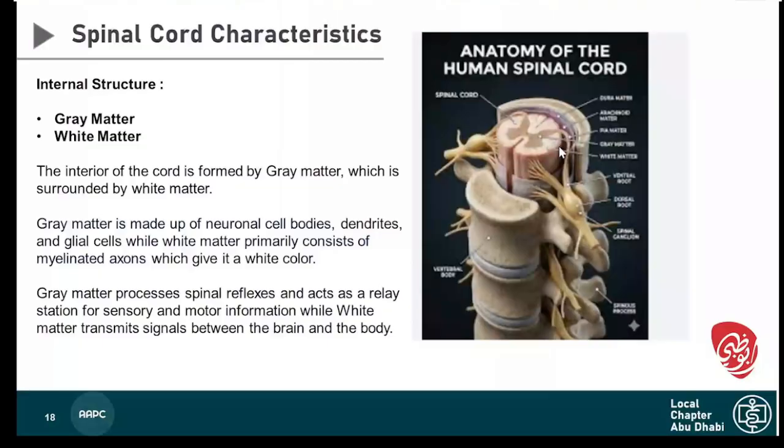So this is all about the structure of the spinal cord and spinal column. Okay, and this CNS consists of what? The central nervous system consists of the brain and spinal cord. The spinal cord is enclosed in, or protected by, the spinal column, or vertebral column, or spine.